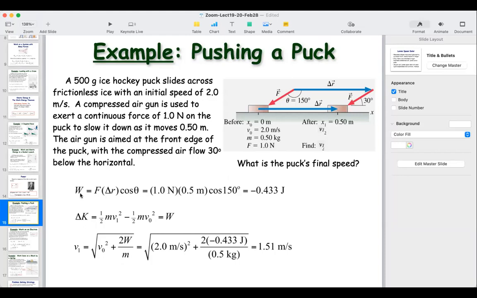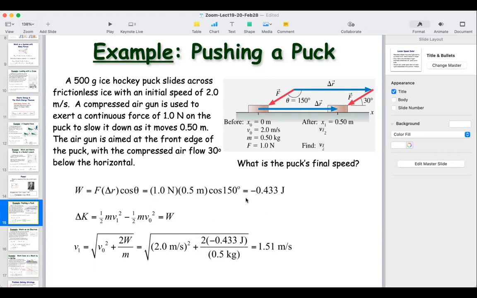Okay, the final velocity. So we have that the work is equal to F delta r cosine of theta. The force is 1 Newton, the displacement is 0.5 meter, and then we have cosine of 150 degrees.